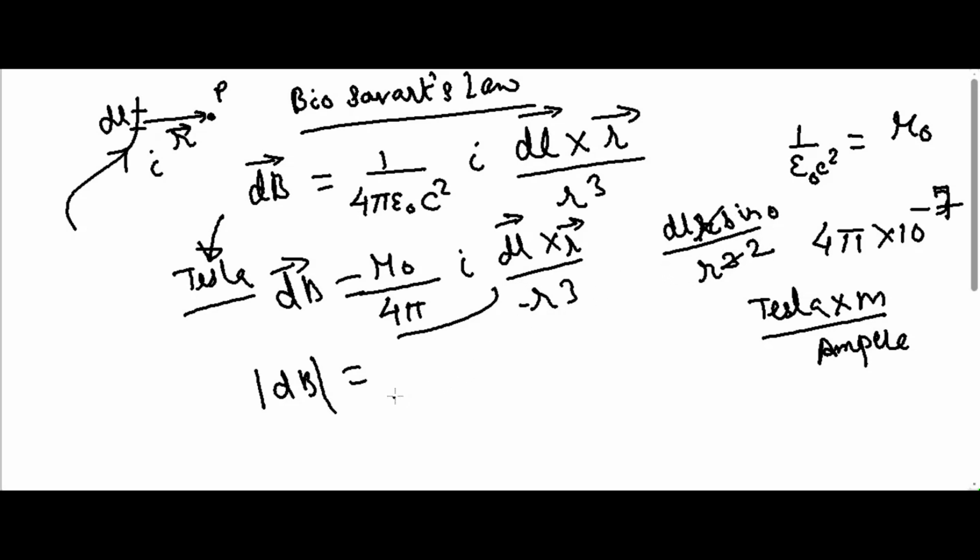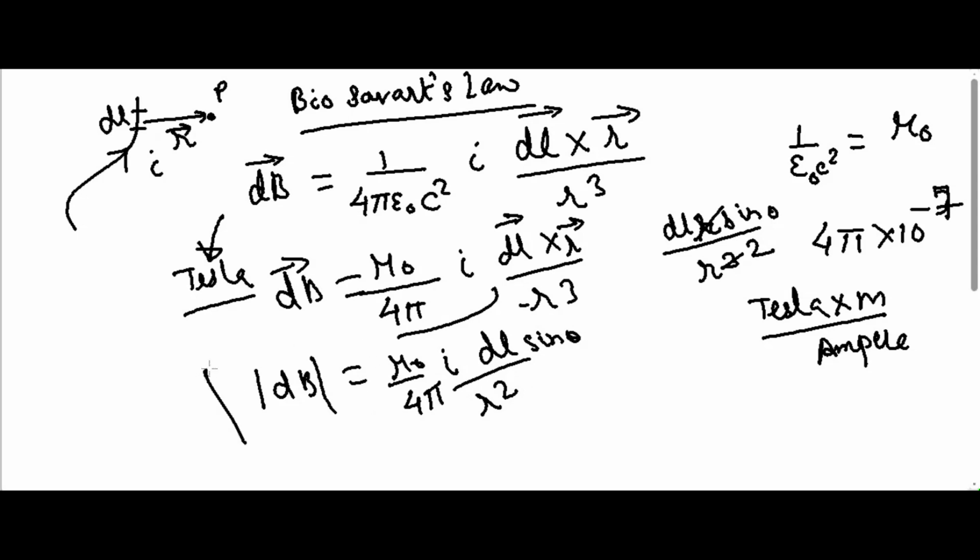So the magnitude of the magnetic field due to a small length of current carrying wire dl will be equal to mu naught by 4 pi I dl by r squared sin theta.